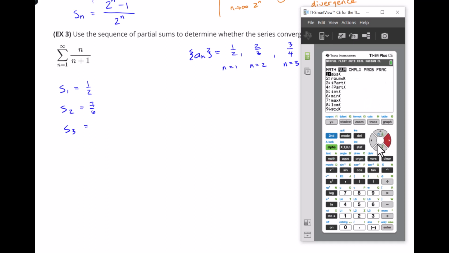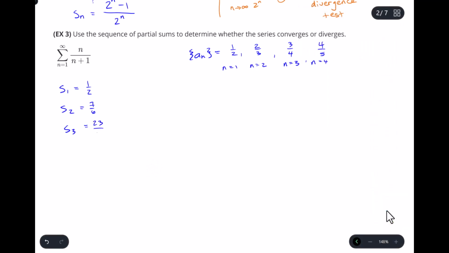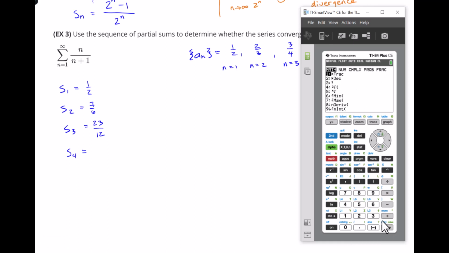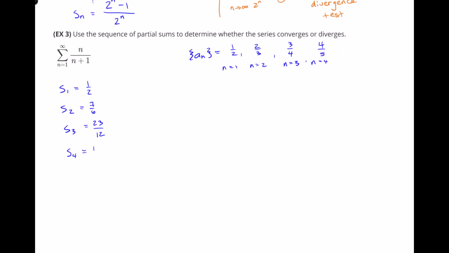Okay, and let's see what that is as a fraction. 23/12. And then S4, it would be what I have so far, plus 4/5. And then I want to express that as a fraction. So 163 over 60.